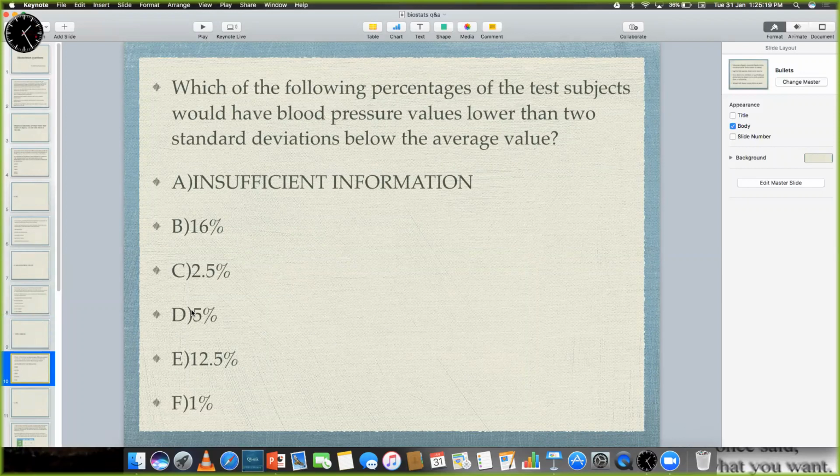Yeah. This is a question for you. Which of the following percentages of test subjects would have blood pressure values lower than 2 standard deviations below the average value? Answers? 5, 2.5, okay.